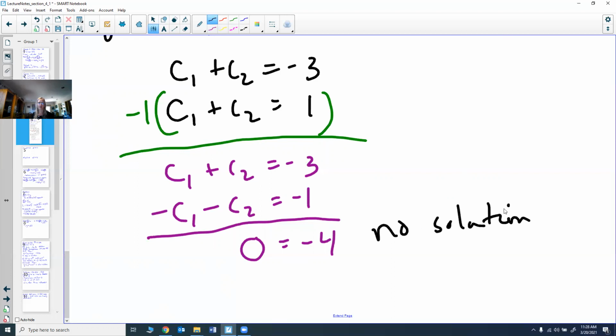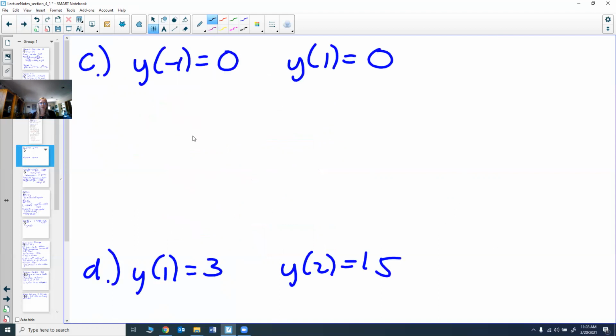So the only way I can tell whether or not I have a unique solution is to actually find the solutions with those boundary conditions. In this case, those boundary conditions do not provide a solution. Let's try another example. Let's say we have y of -1 equals 0 and y of 1 equals 0. So again, we're only using y in this case.